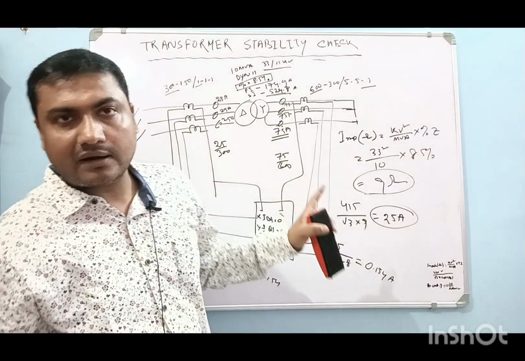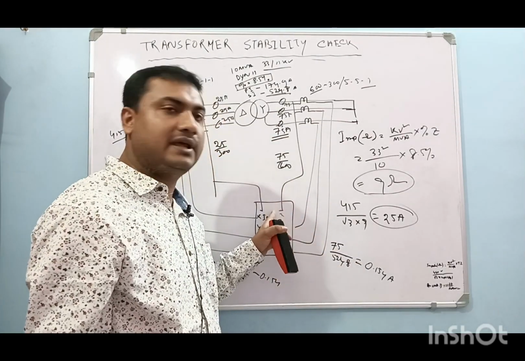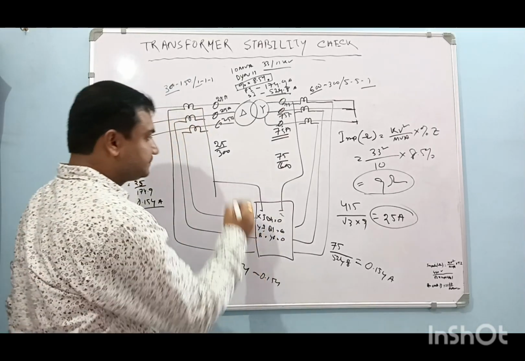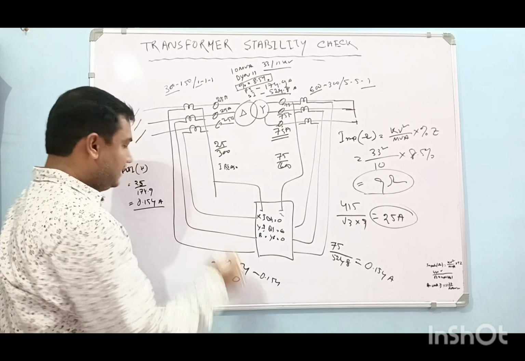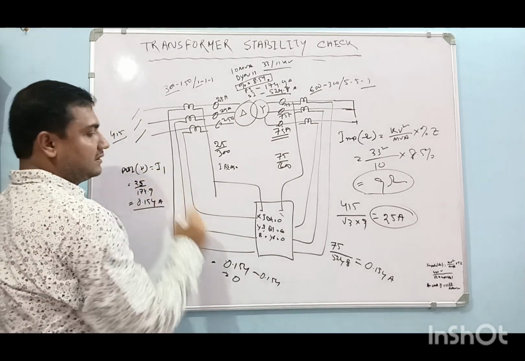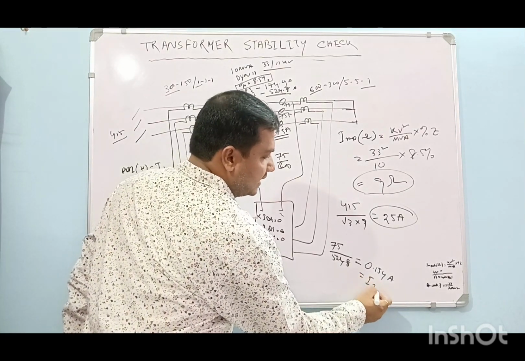And another parameter also shows in the relay, that is I bias. What is I bias? Suppose this is I1 and this is I2.